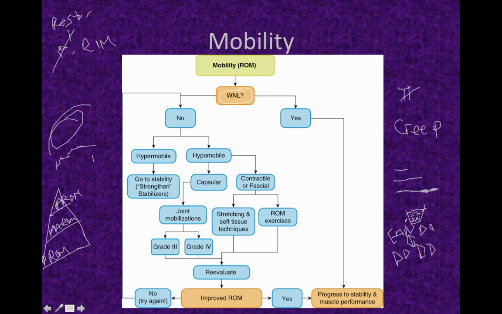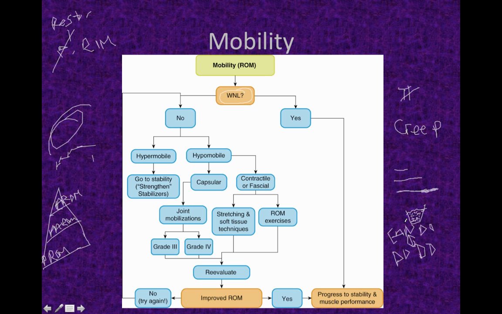So range of motion and flexibility are two different things. Are they related? Yes, but they're not the same thing. Flexibility is how much movement can happen at that joint when you take out the influences of pain, muscle guarding, the fact that somebody doesn't want to do it or is afraid to do it, and so on.